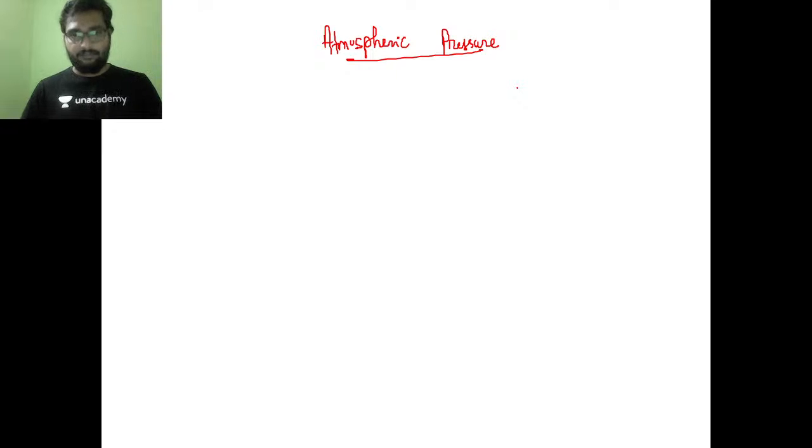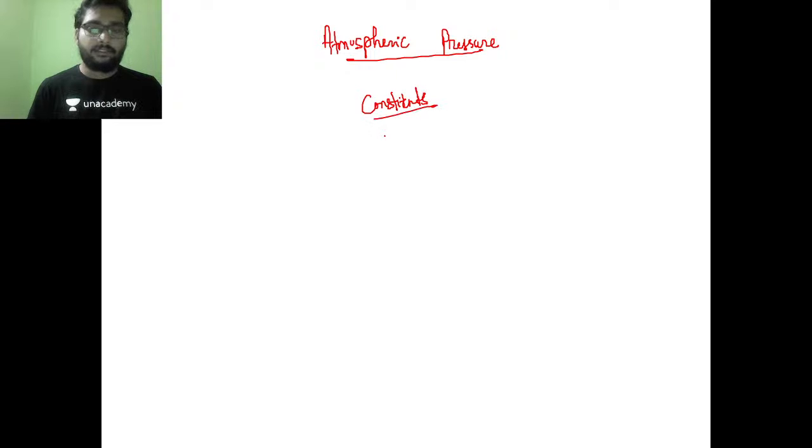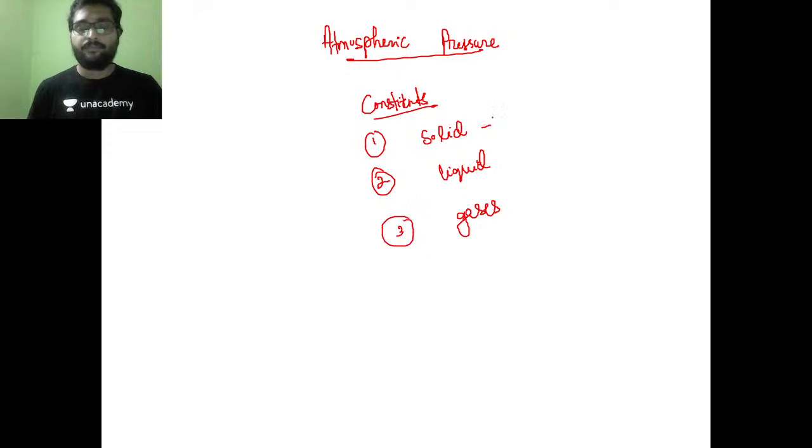In my last classes, while discussing different constituents of atmosphere, I discussed there are three constituents: solid, liquid and gases. In the solid, there are dust particles and particulate matters. In the liquid, there is water vapor.